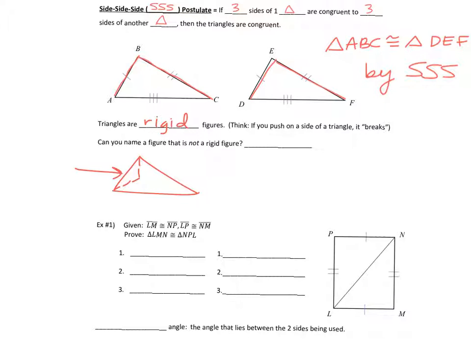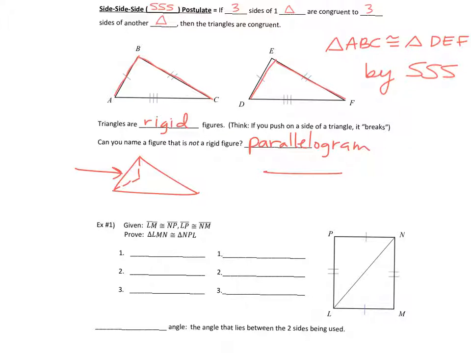A square would work. Pretty much, yeah, a parallelogram of any type, a quadrilateral, a 4-sided figure, a lot of 4-sided, would it be every 4-sided? I don't think it would work for every single one, but specifically, a parallelogram would work.